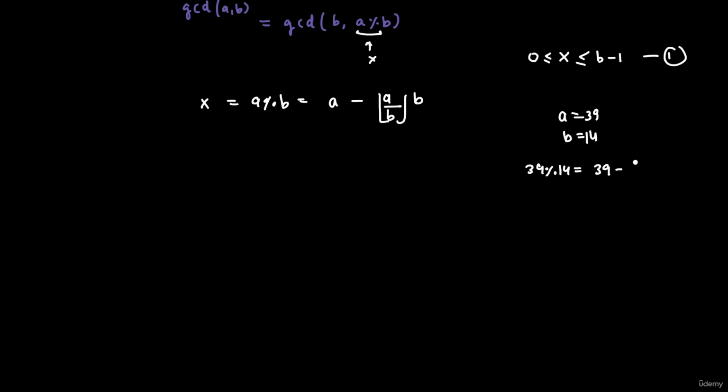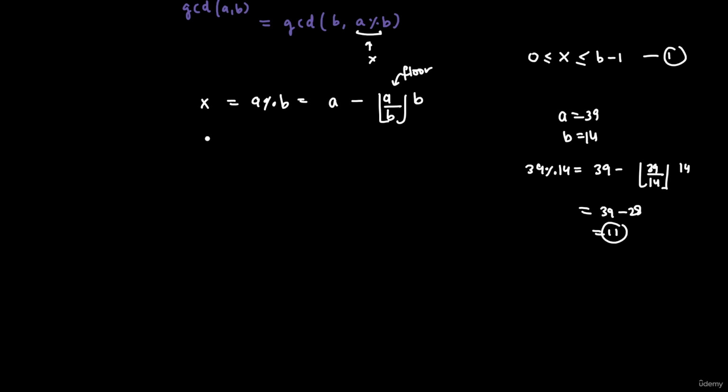The nearest multiple of 14 is 28. How do you get it? You get it by taking the floor of 39 upon 14, the value is 2, multiplied with 14. So this is nothing but 39 minus 28, that is 11. So this equation is also correct. We are taking a floor here, finding the nearest multiple and subtracting it from a.